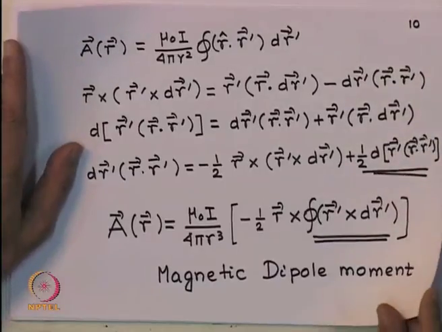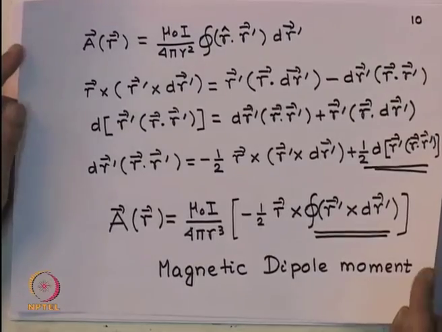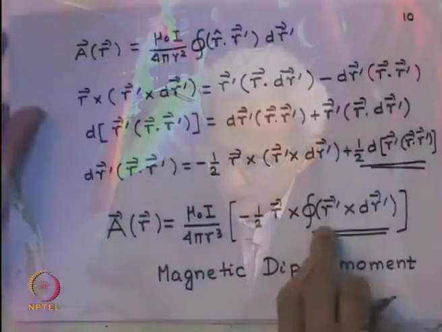So, the magnetic dipole moment of a closed circuit is given by the current multiplied by the area vector, and that is given by this expression there.